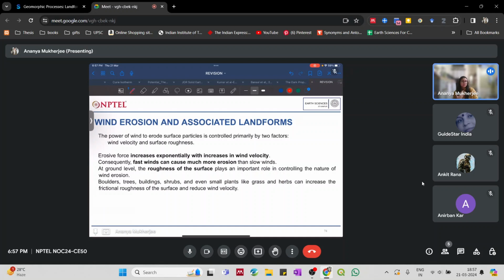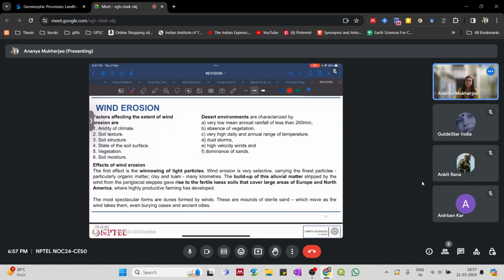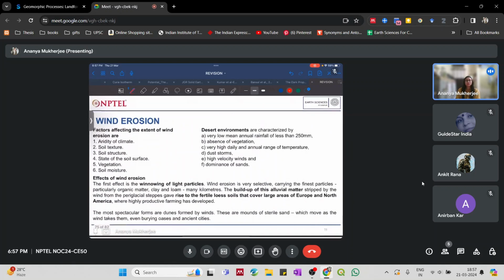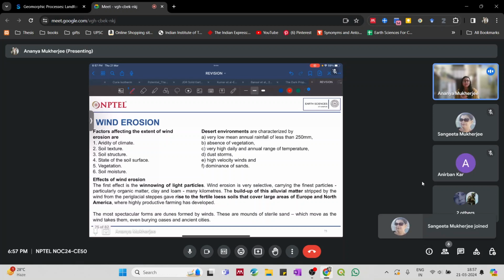Surface roughness means how many obstacles the wind is facing. If there is a lot of vegetation or human settlements present, the wind is going to face obstructions, and then the velocity decreases, and the capacity of the wind to erode further decreases because of that.